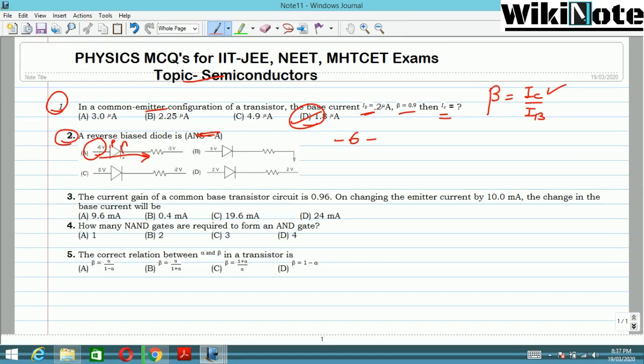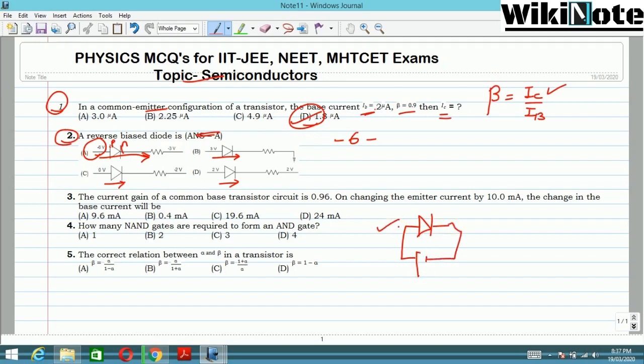So for the forward bias, current should flow in this direction, and for this also current should flow in this direction. If the net effective voltage across the diode is positive, then we can say that the diode is forward bias. If negative, then reverse bias, because for the forward bias, P type should be connected to the positive terminal of the battery, and n type should be connected to the negative terminal of the battery.